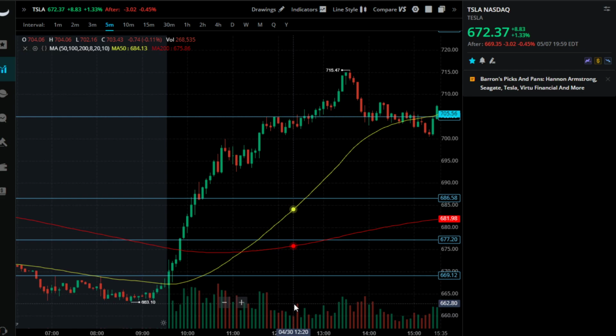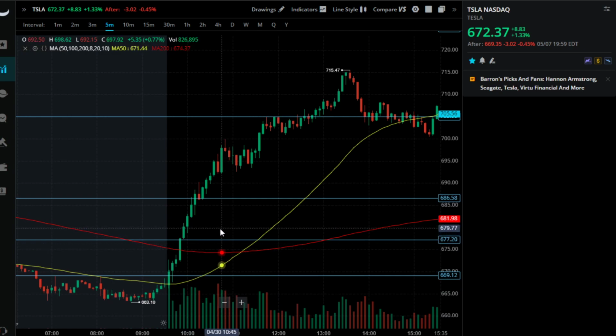And if it gets rejected off of the 200 MA, we can look back at a retest of a low volume pullback at the 669, where we see now this 200 MA is flattening, of course, because we broke out. So again, we would see a retest over this 50 MA where the key 669 level is, and test over the 200 MA again.